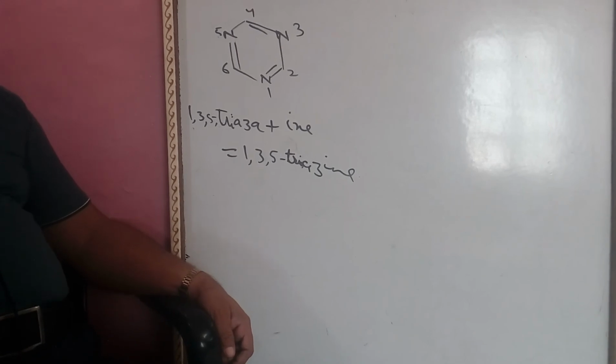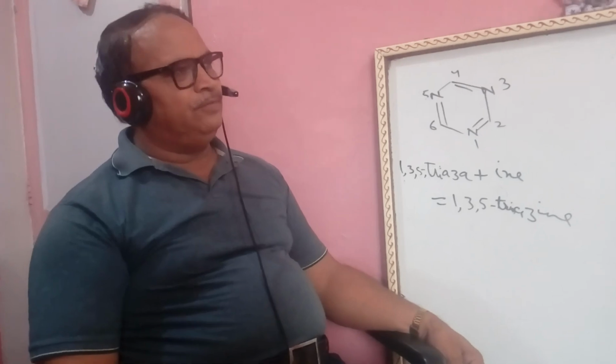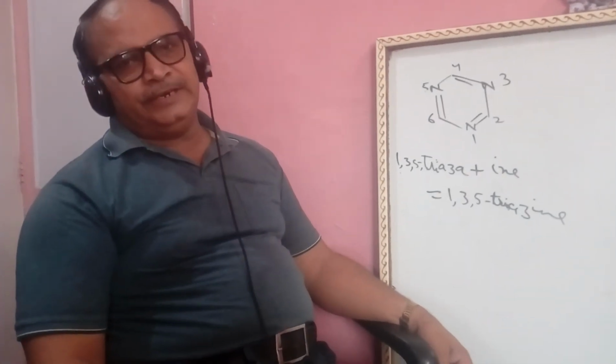So these are some important examples of the systematic nomenclature system of heterocyclic compounds.